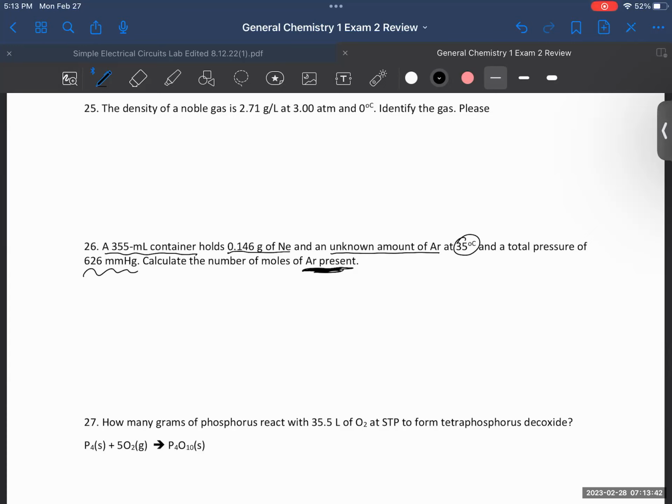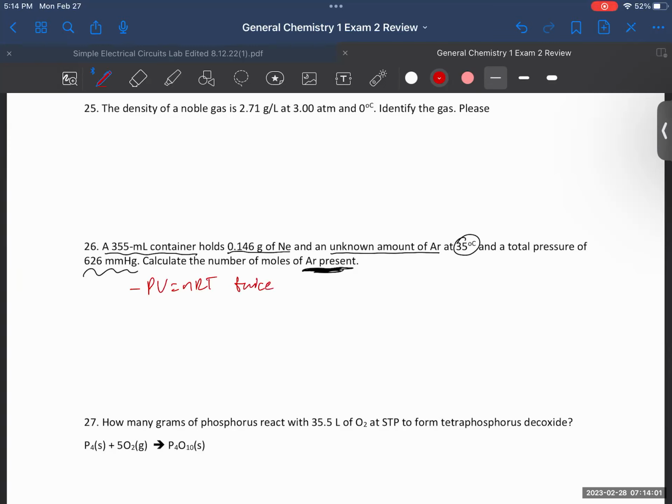This is what I like to call the double suck method. What I mean by that is, notice how you're given the stuff of neon, you need to find argon. So what that means is that I'm gonna use PV equals nRT twice.